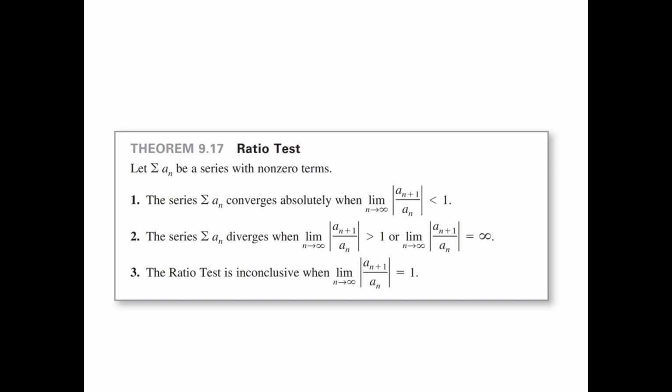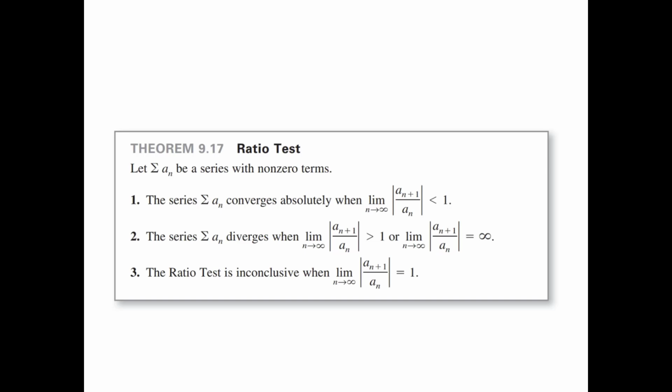Okay, so then we moved on to the ratio test. Let the summation of a_n be a series with non-zero terms. The series converges absolutely when the limit as n goes off to infinity of the absolute value of a sub n plus 1 divided by the absolute value of a sub n is less than 1.